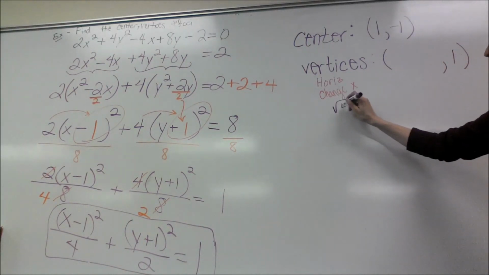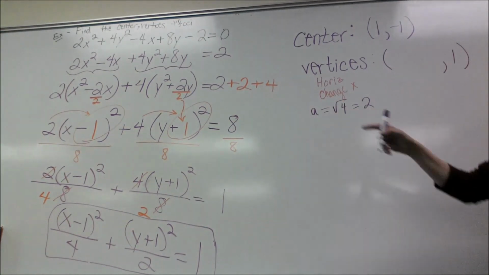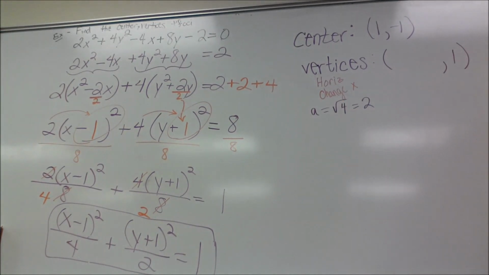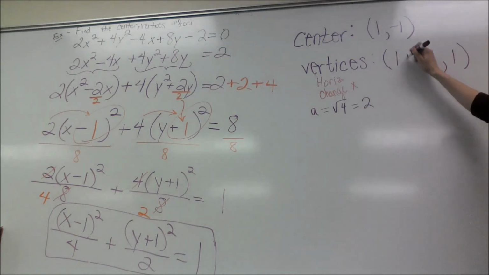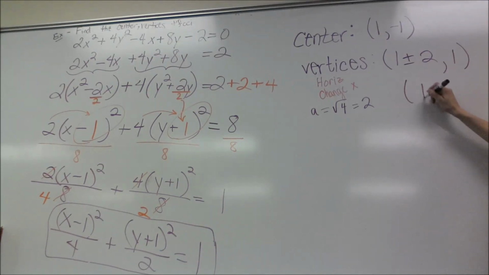Okay, so a is equal to the square root of 4, which is 2. So I need to add 1 plus and minus 2. So my vertices are going to be 1 plus 2, 1, and 1 minus 2, 1.